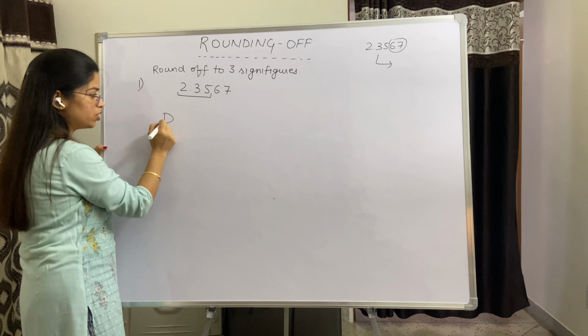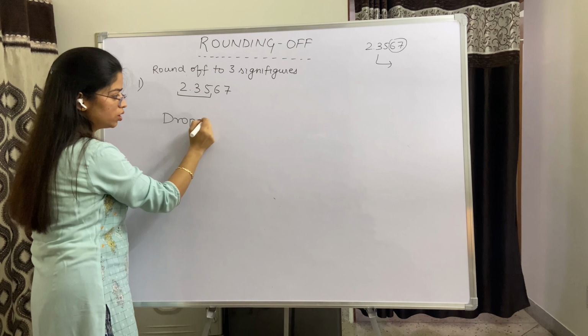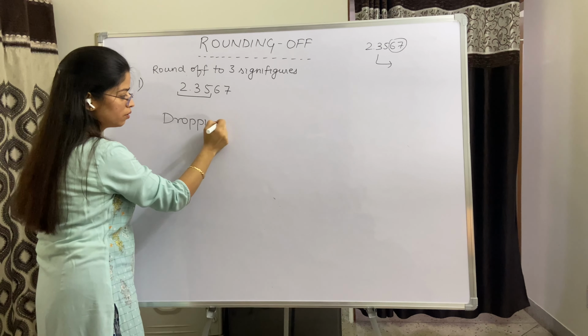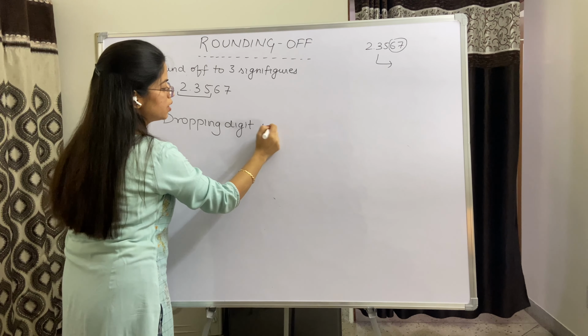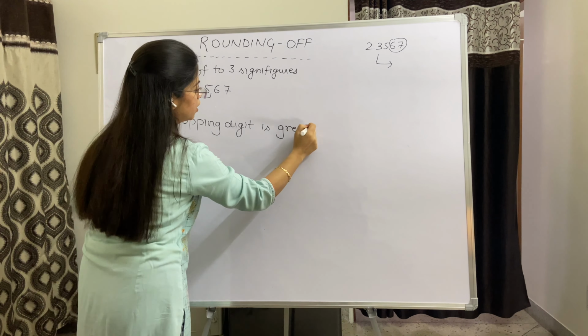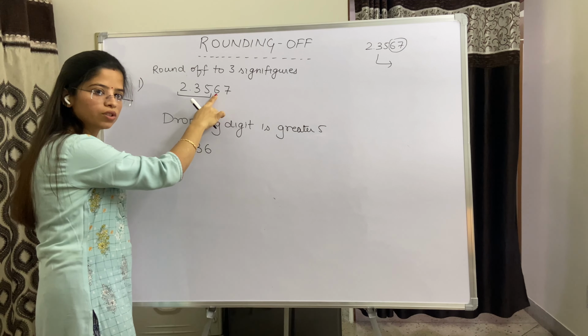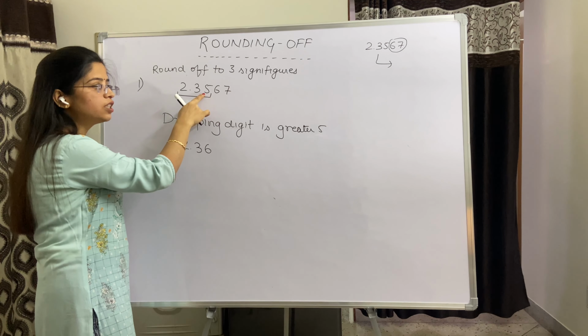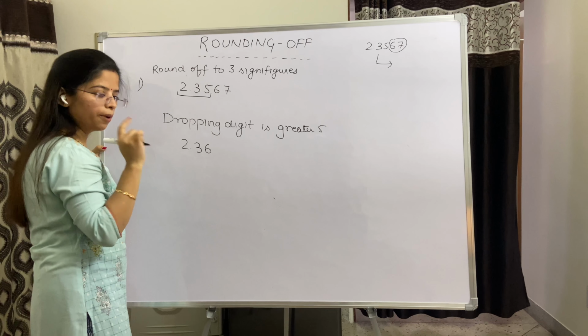If the dropping digit is greater than 5, then we'll increase the preceding number by 1. For example, in this case I can write it as 2.36. As the dropping digit was greater than 5, I increased the preceding number by 1.